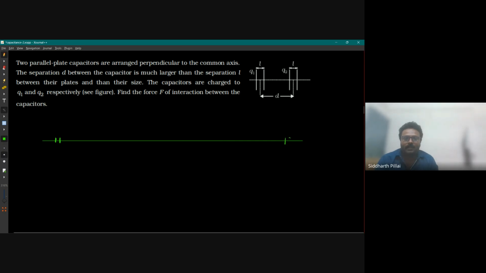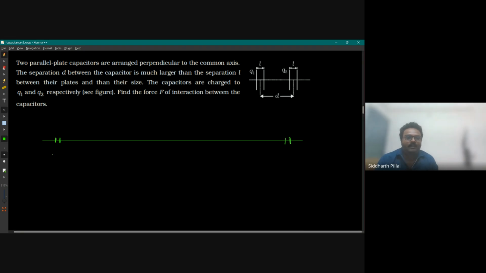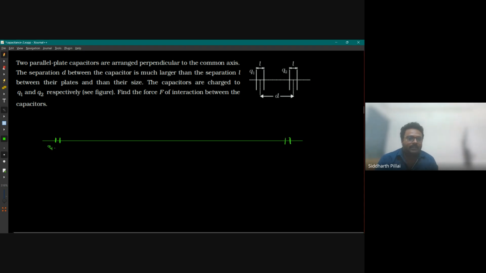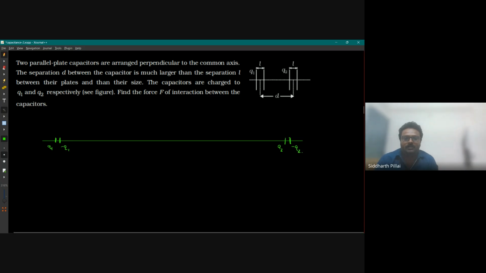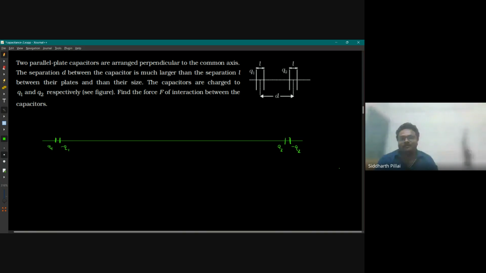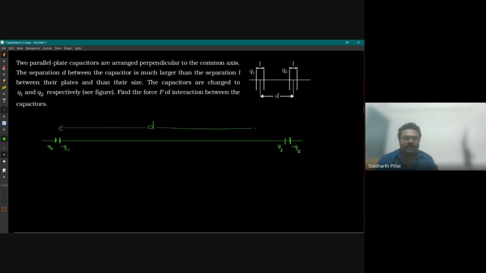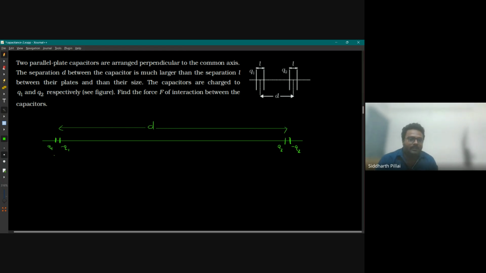Both have the same separation. Here you have charge Q1, the other plate will have minus Q1. Here you have Q2 and the other charge will be minus Q2 kept like this. And the separation between them is D, which is much greater than the separation between the plates, which is L, and the square root of the area of the plates.